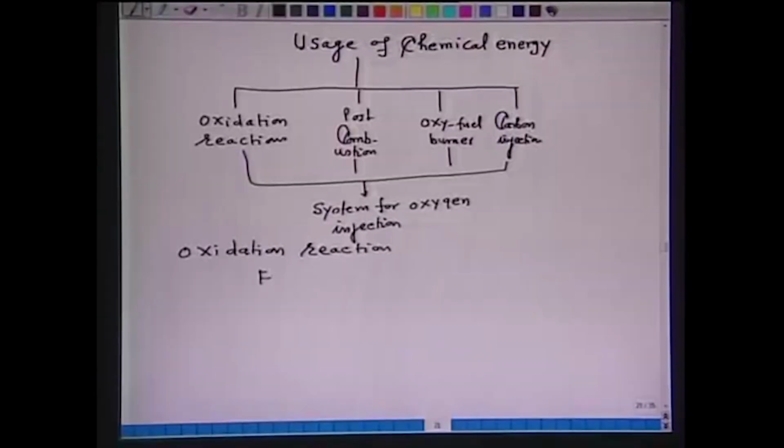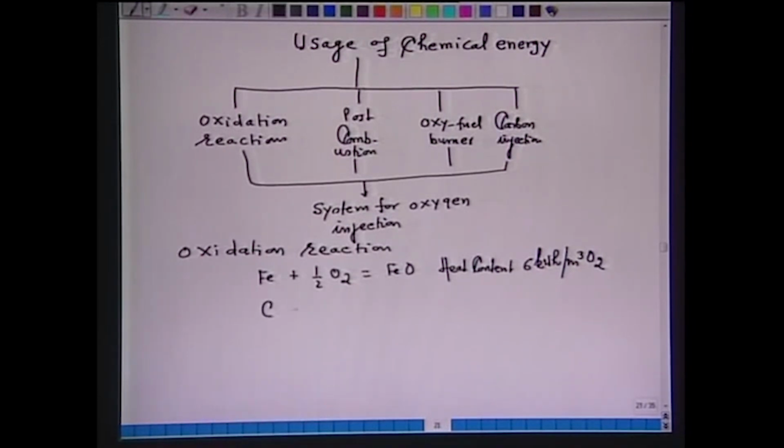That means iron plus half O2 gives you FeO, and the heat content by oxidation of iron will be 6 kilowatt hour per meter cube of oxygen. That much amount of heat will be available.